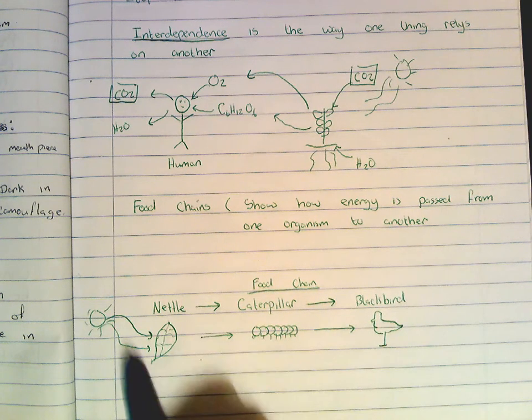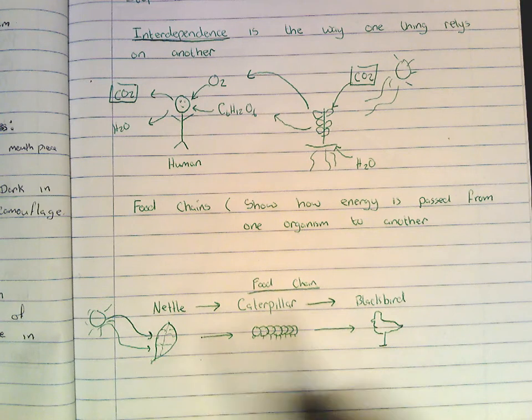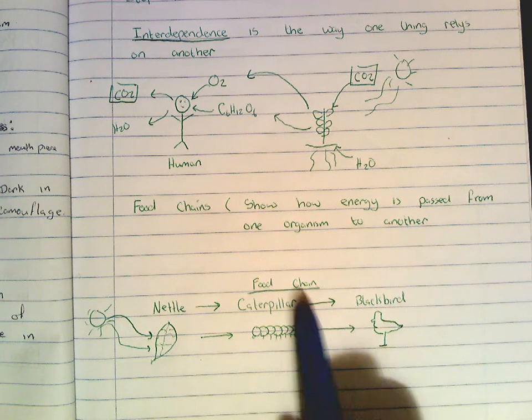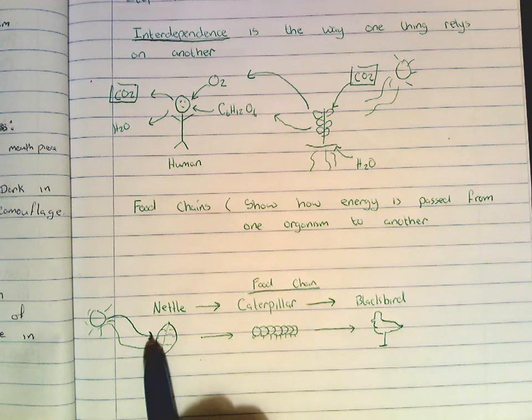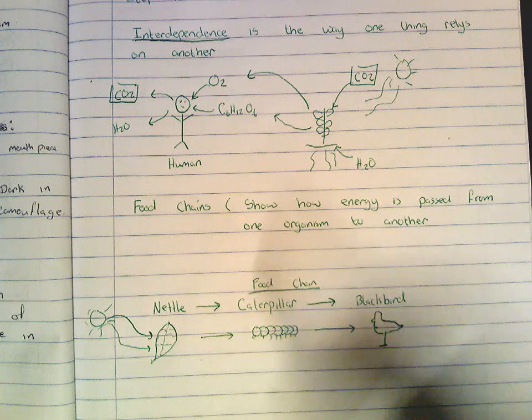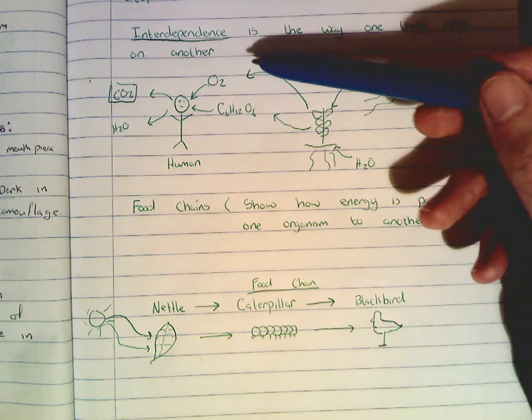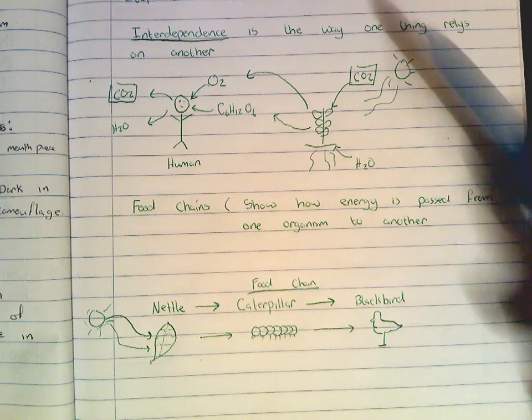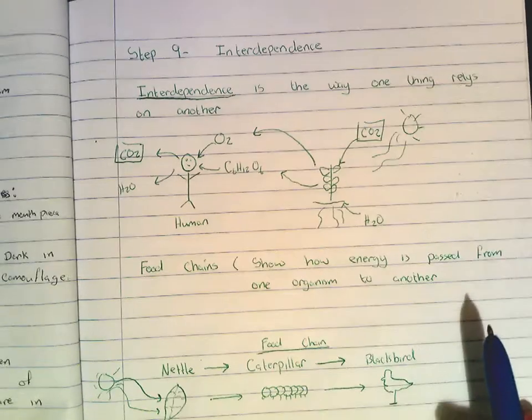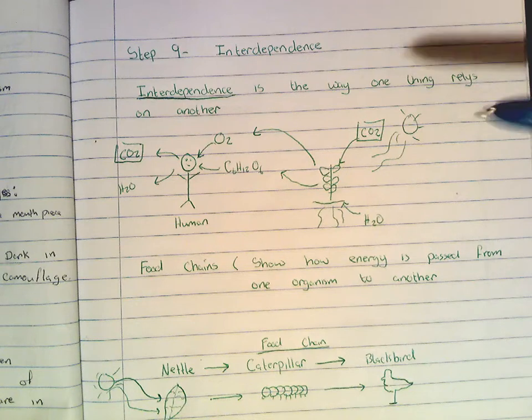If you reduce the population of nettles, you're going to reduce the population of caterpillars, because they rely on nettles in order to survive. So there's this deep interconnectedness, or what we call interdependence, and this is the way that one thing relies on another. So this is what we mean by these different stages of what's known as interdependence.